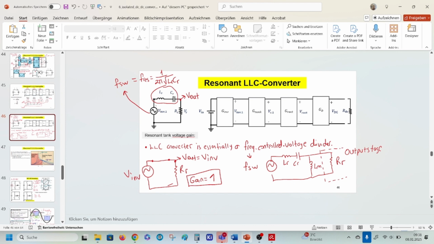And our gain, this is output voltage, is a combination of series tank and the magnetizing inductance parallel to our output load.